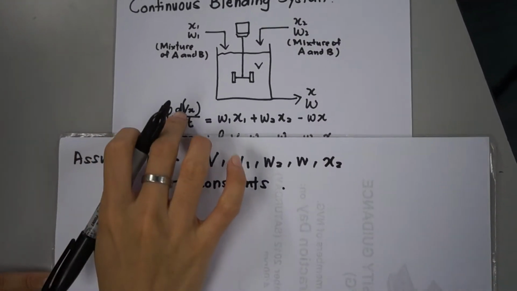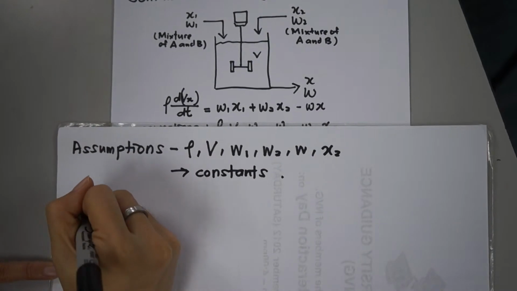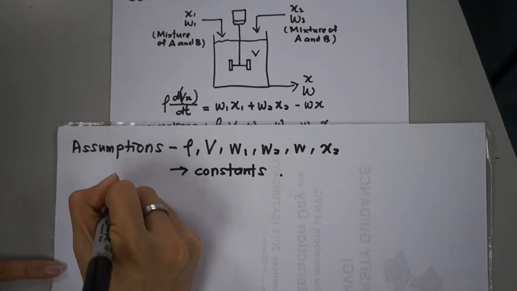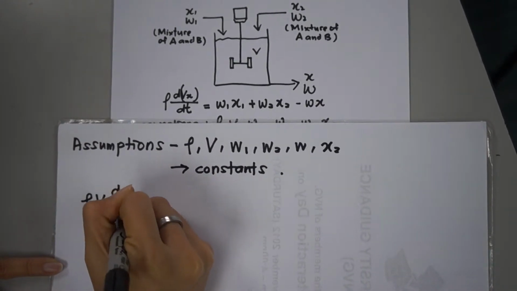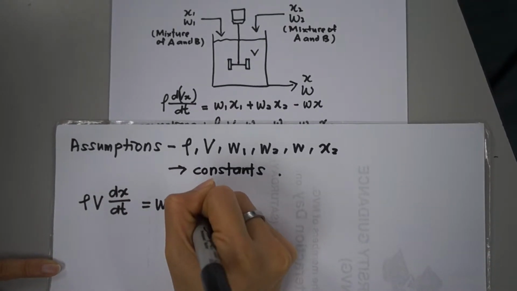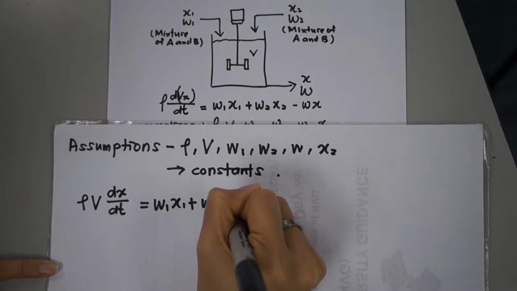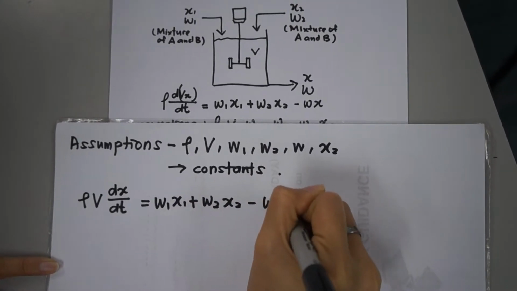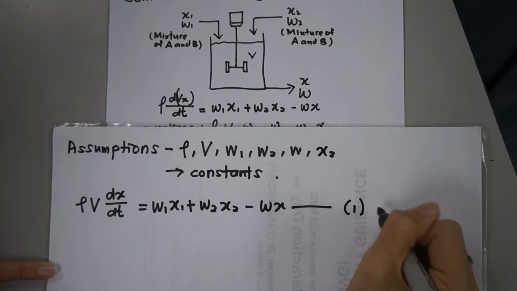So you'll notice that we can move them out, and we'll have this equation now. We define this as equation 1.